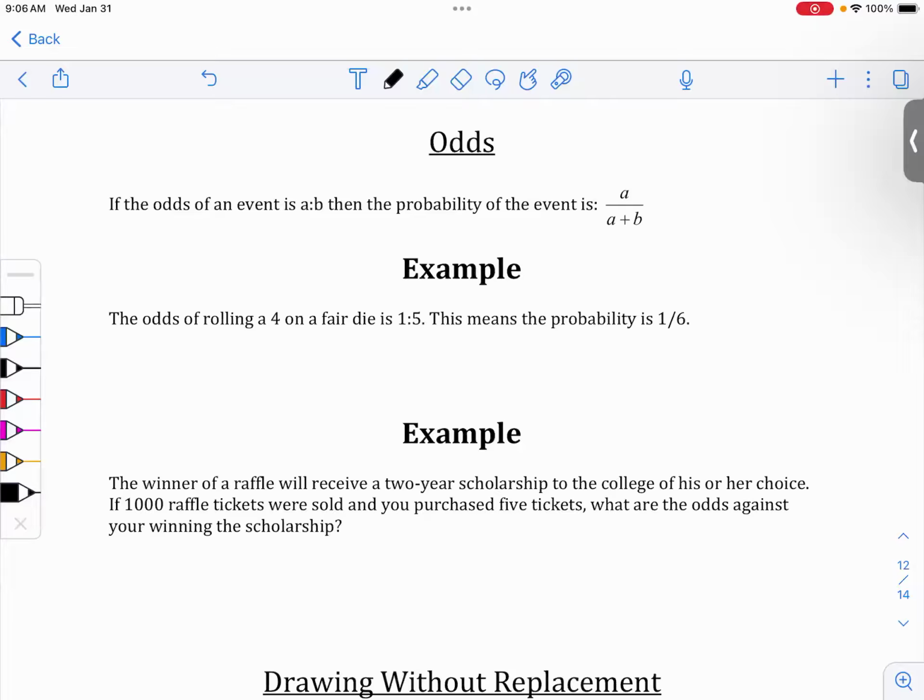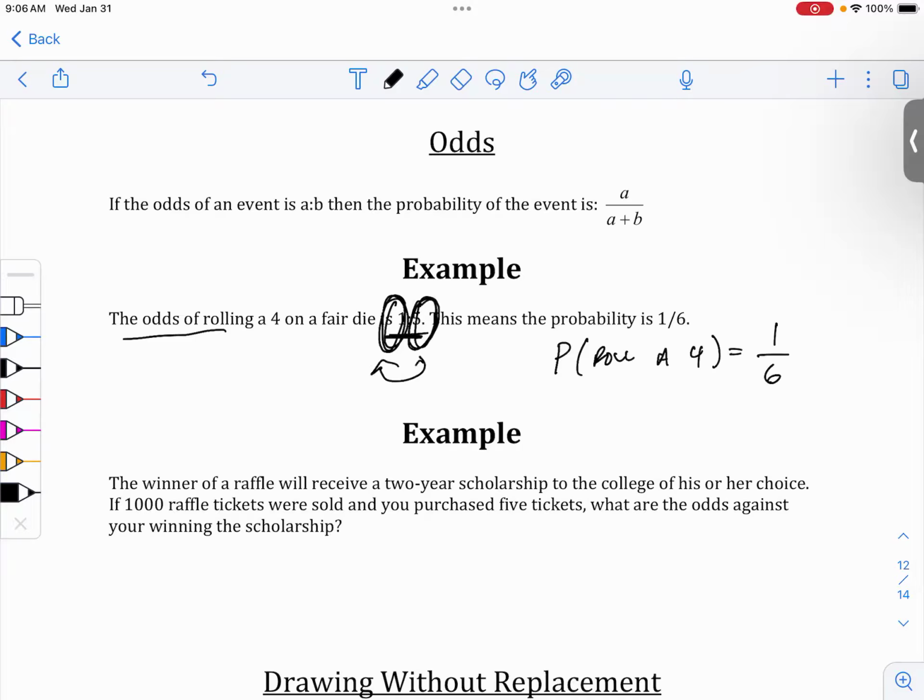So probability, something simple, odds of rolling a 4 on a fair die. The probability of that we're very familiar with, right? Roll of 4. One possibility out of 6 on a normal standard 6-sided die. The odds, notice, are represented as there's one possibility that does happen and 5 possibilities that do not happen.